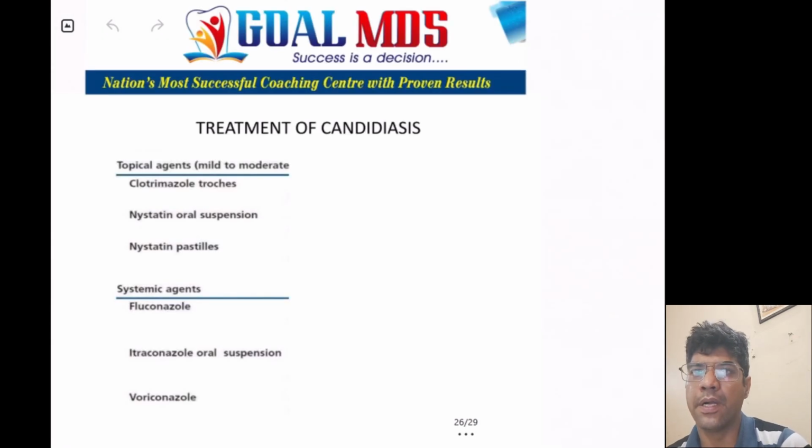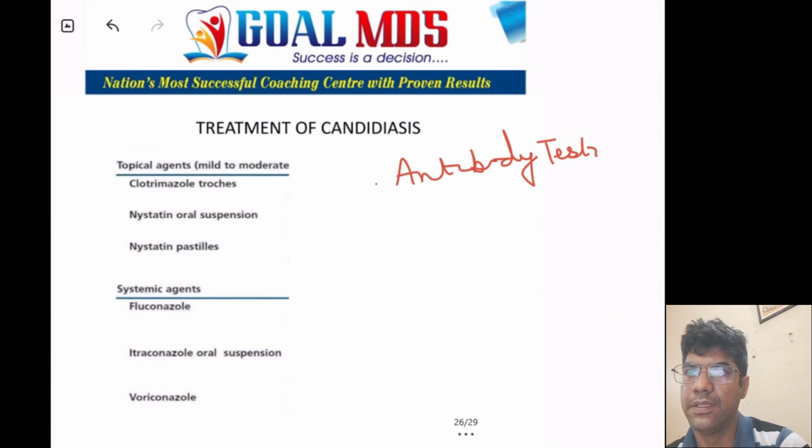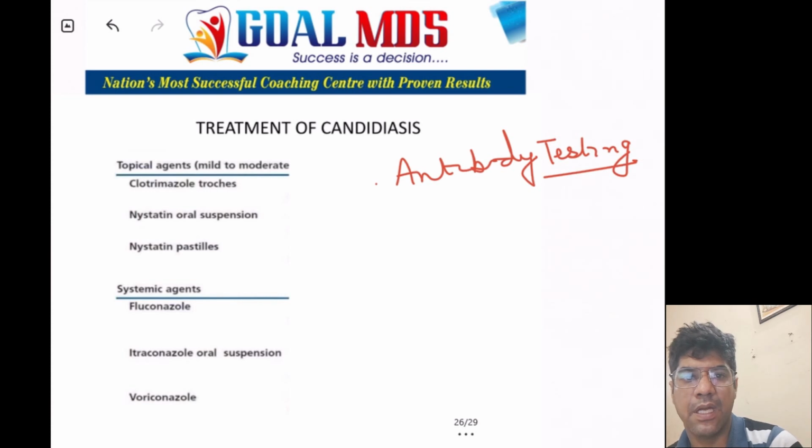Coming to the diagnosis part, the diagnosis of HIV is important. That consists of antibody testing. Confirmation of HIV is typically done through antibody testing.